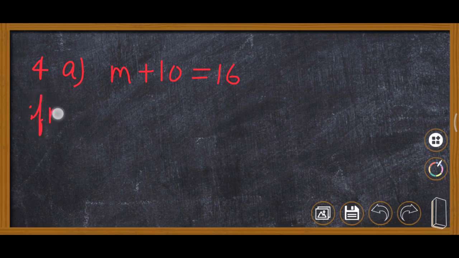If m is equal to 1, then m plus 10 is equal to 1 plus 10, which is 11.